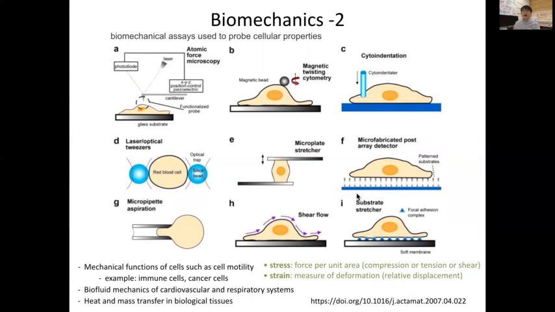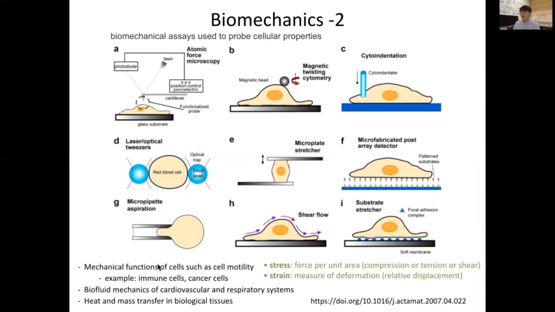Here I brought some examples of biomechanical assays used to probe cellular properties. We want to know the mechanical properties of the cell, and the complicated interaction with the environment can be very important in some situations.